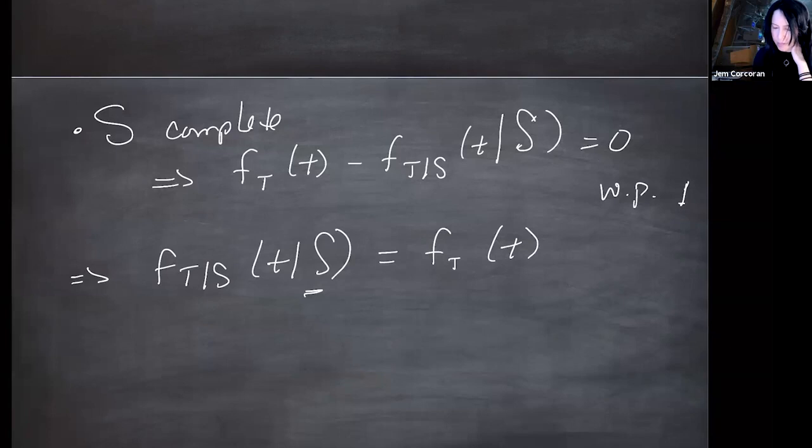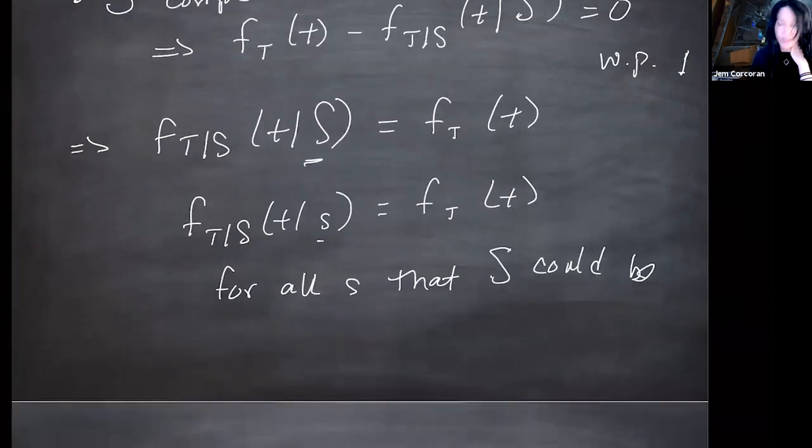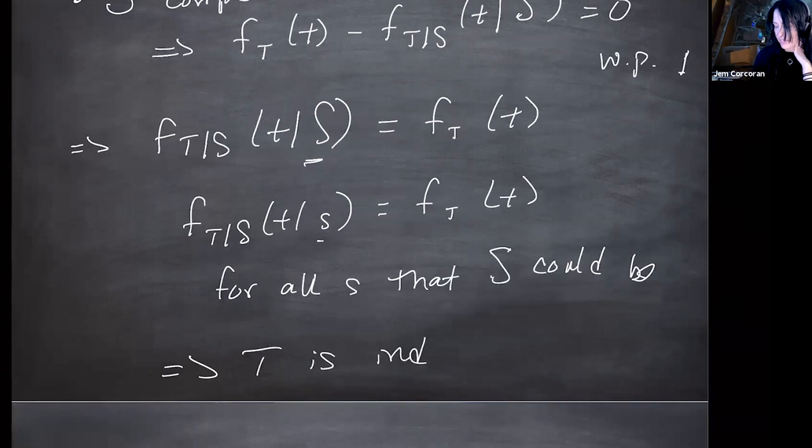But this means that the conditional PDF with a little s, for all little s's that the big S can possibly take on, is equal to this. And this is one way to show independence of T and S. The conditional distribution is just the marginal of the first guy. So T is independent of S.